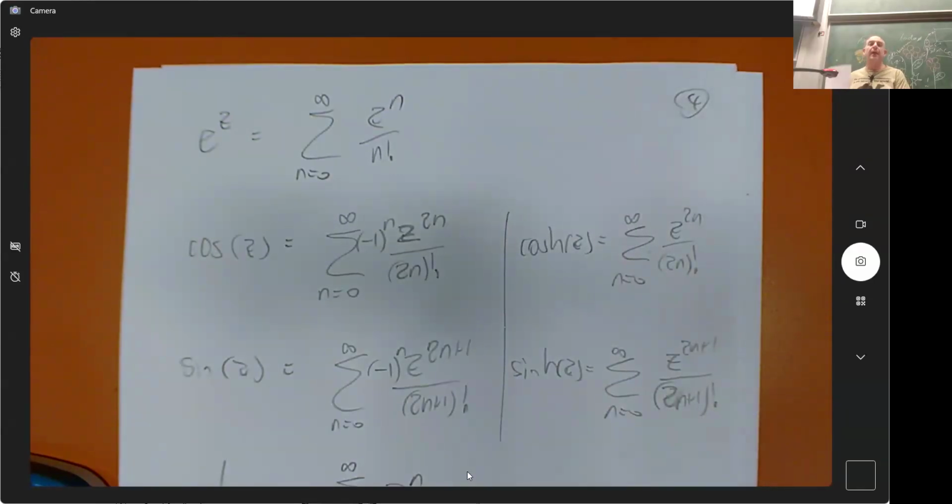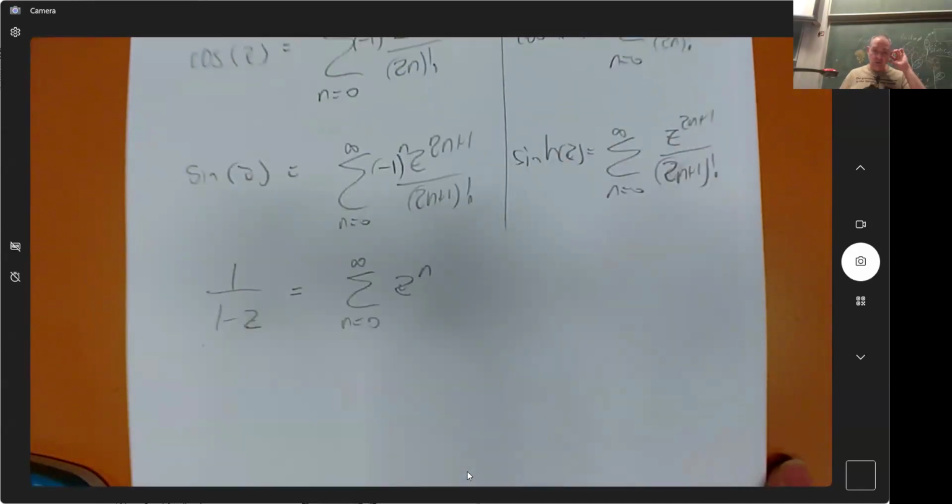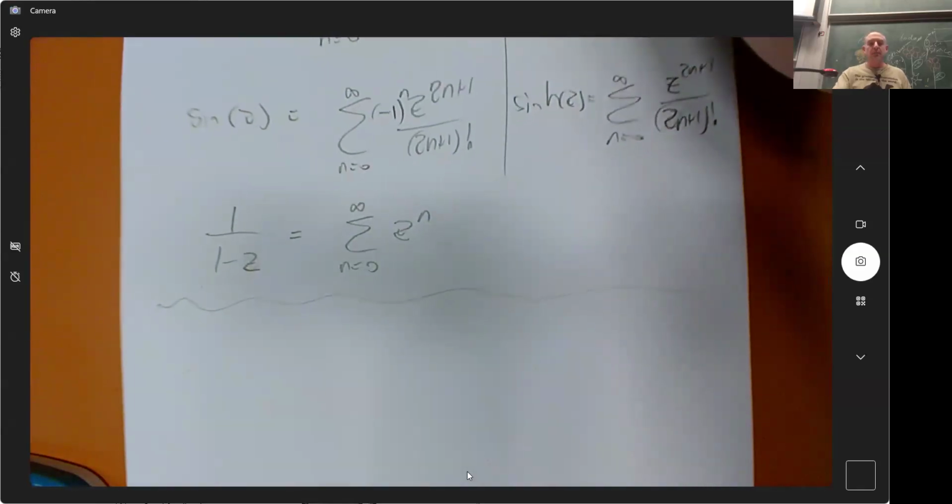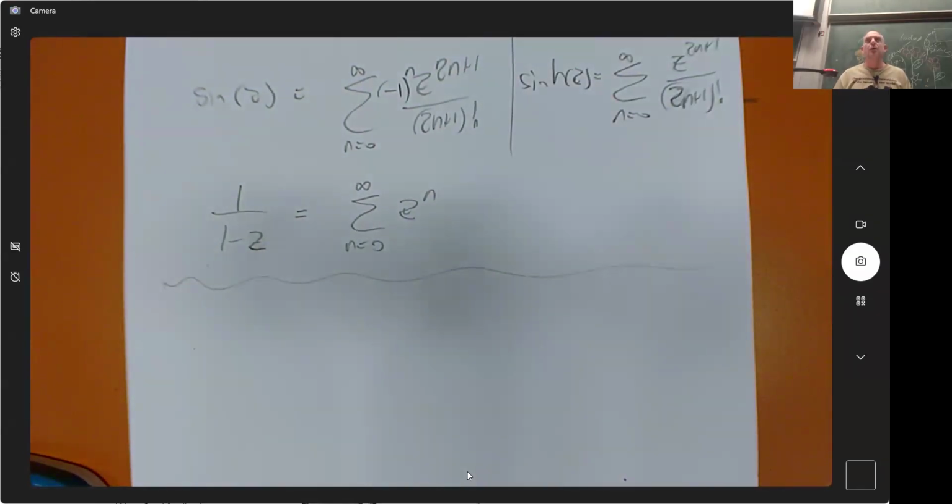So it turns out that Laurent series are kind of related to things. It turns out that the z minus z naught to the power of -1 coefficient is the residue of the function at z naught.